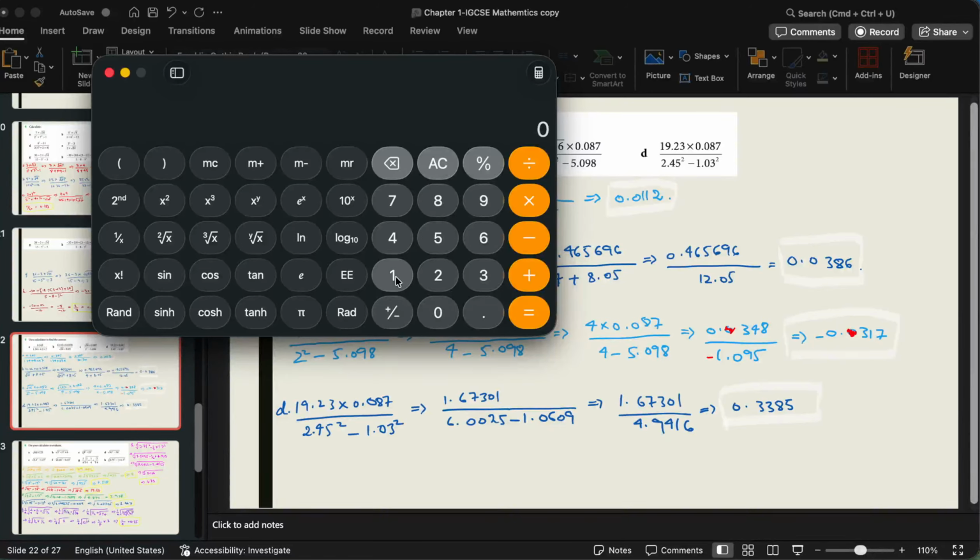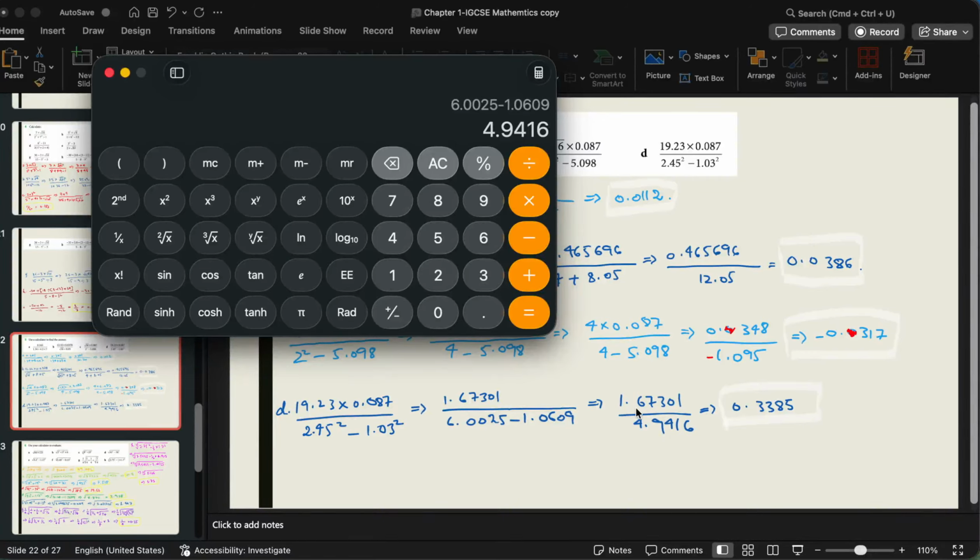So 1.03 square is equal to 1.0609. Now we have solved the numerator. In the denominator we have to do the subtraction. So it would be 6.0025 minus 1.0609. This is equal to 4.9416 as recorded in here.